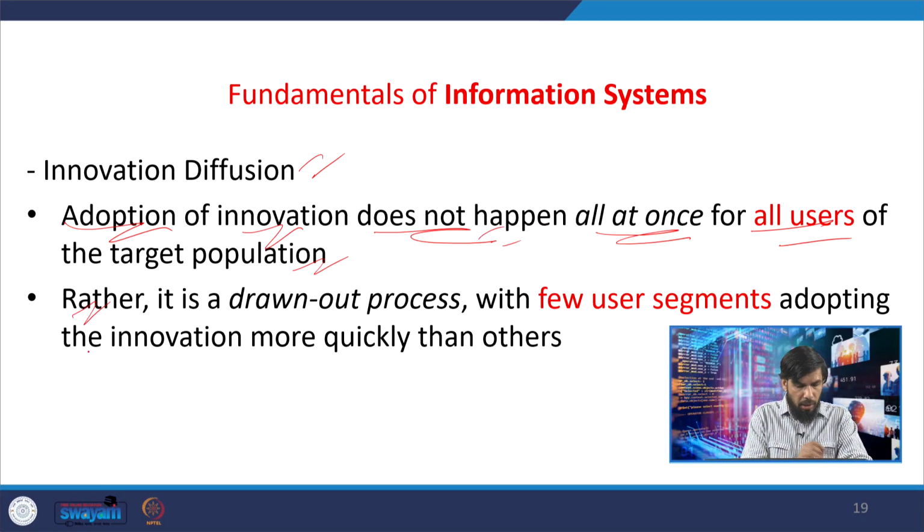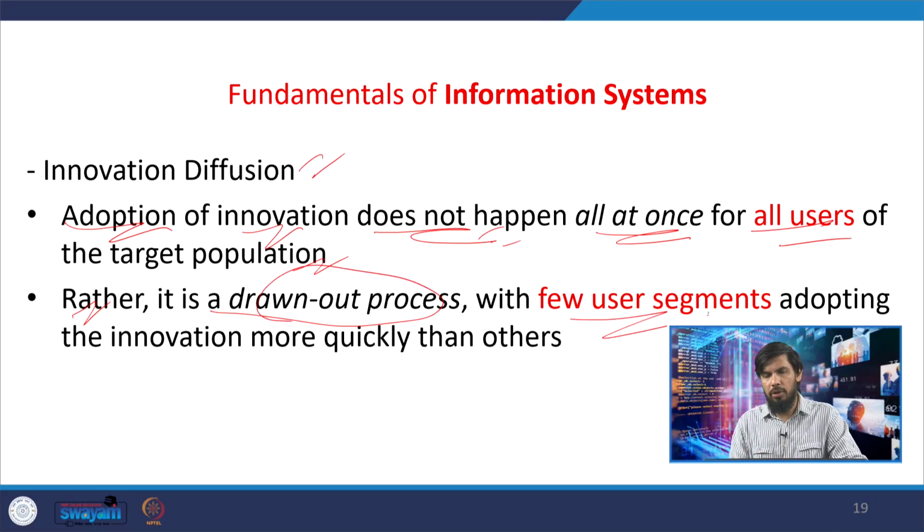Rather, typically it becomes a drawn out process. There would always be user segments which are very curious about new things coming up, and they might adopt that innovation quickly. They would be the first triers, right. They adopt innovation more quickly than others, right. So slowly things will happen.